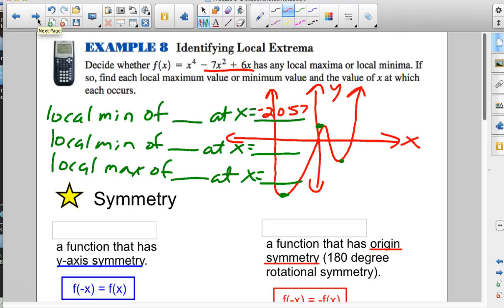Three decimal places, always 3 decimal places. Negative 24.057. 3 decimal places. And then we've got maximum coming over here. Left side, right side.